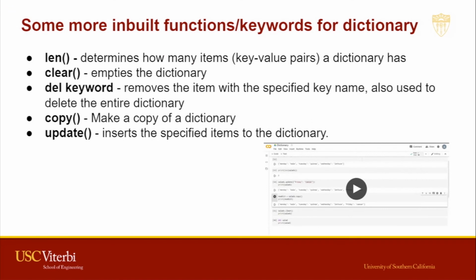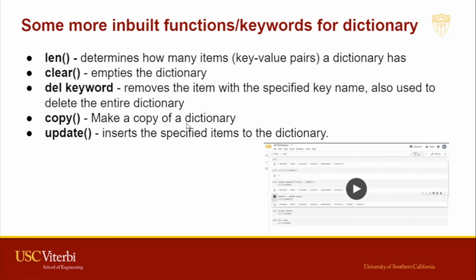Now it's time to look at some inbuilt functions and keywords for a dictionary in Python. The len inbuilt function determines how many items or key value pairs we have in our dictionary. The clear method empties the dictionary. The del keyword removes the item with the specified key name and can also be used to delete the entire dictionary from the computer's memory.